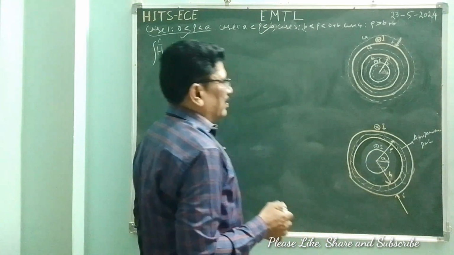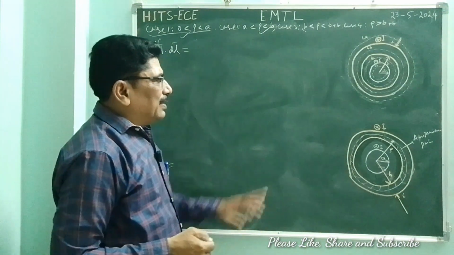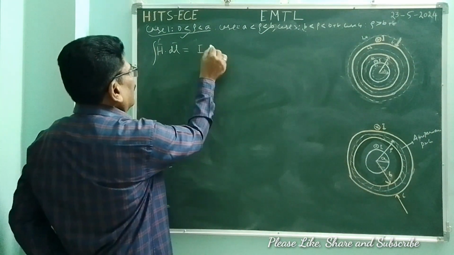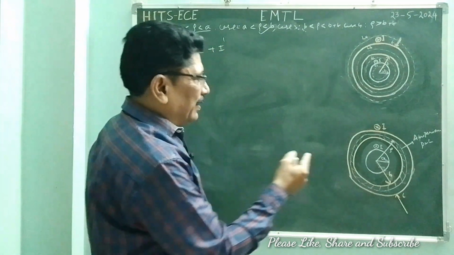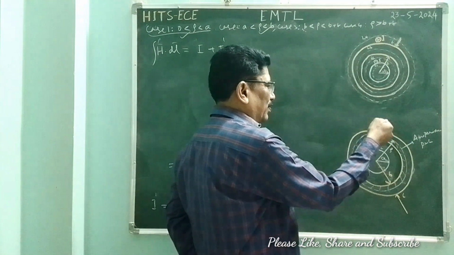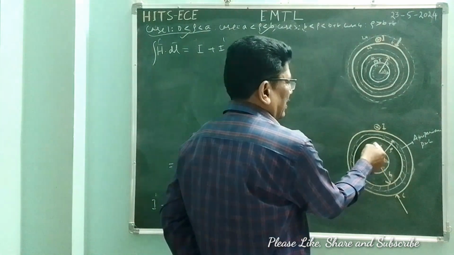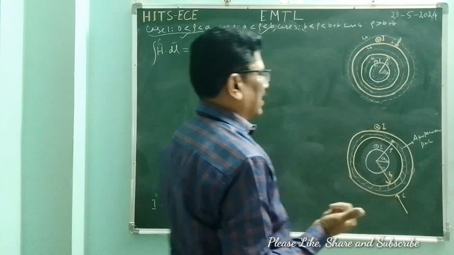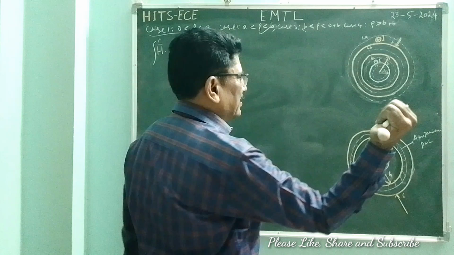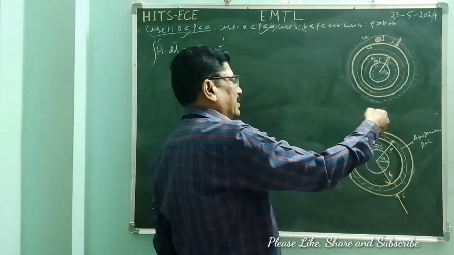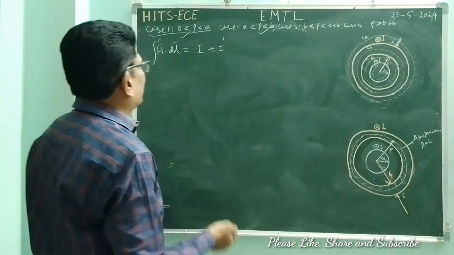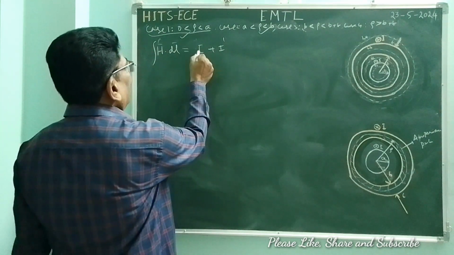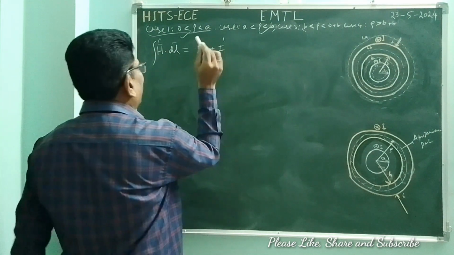So the Amperian path encloses I completely, and I dash is part of I which is entering into the board. The dot is leaving the board like this, and I, the current in the outer conductor, is entering into the board. Now I is the complete current. Let us find I dash.